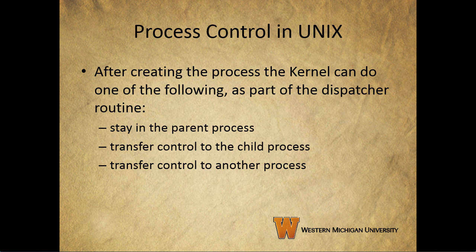Now, once the child process has been created, the kernel can stay in the parent process, transfer control to the child process it just created, or transfer control to another process altogether.